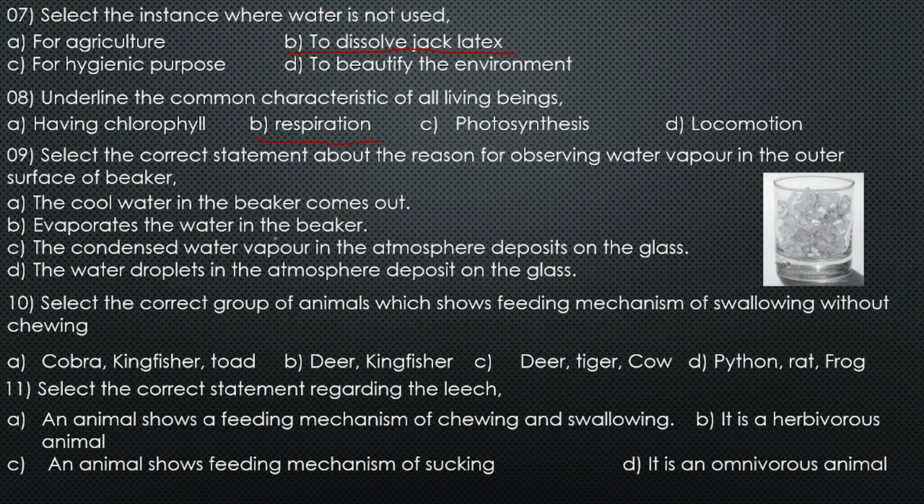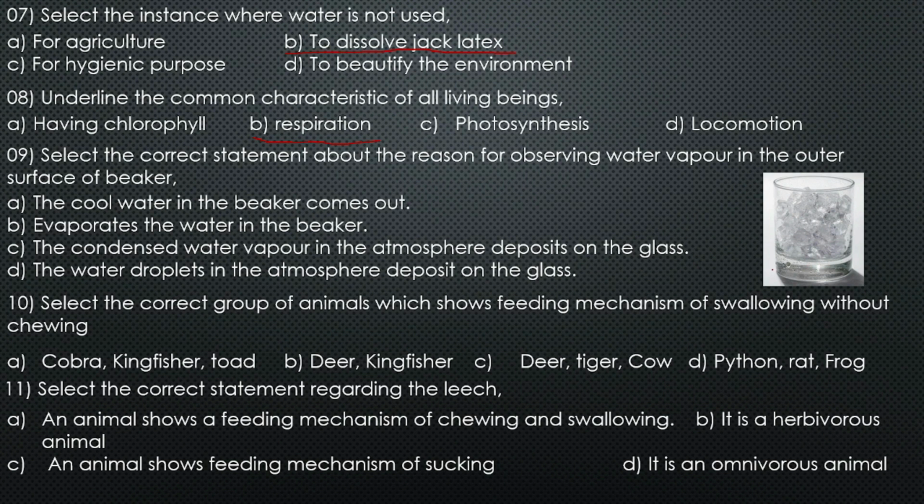Evaporates water in the beaker. Nothing happens like that. The water cannot evaporate. In this state, especially the solid state, first it has to melt and become liquid water. And the third one, the condensed water vapor in the atmosphere. We know already that water vapor is available in the atmosphere.